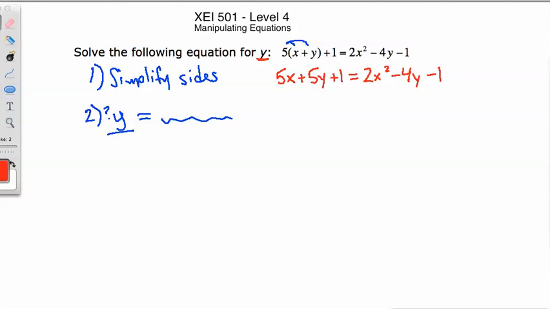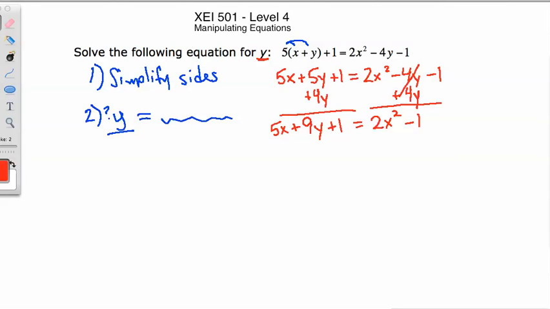So we need to bring this y onto the left hand side. So we're going to zero it out on the right. Okay, so we're going to have 9y, and then we also still have 5x and plus 1, and then on the right hand side we just have 2x squared minus 1.